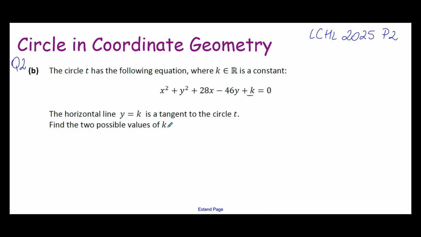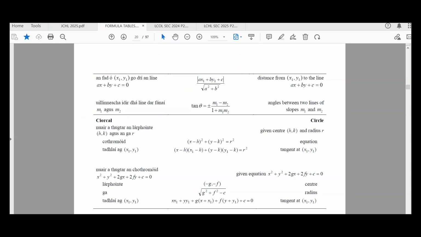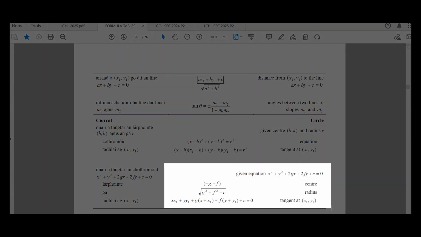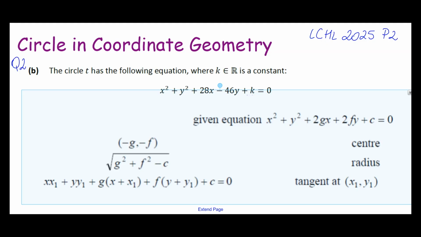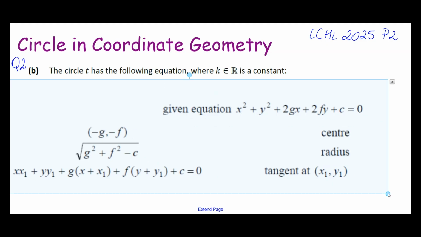So I need to understand, or I need to see, what they are saying. For me, in order to understand better, I need to do some form of a drawing. But first, let's get to the table, take our formulas, and see what we can decipher from the information provided.